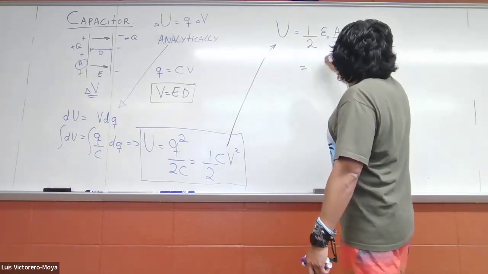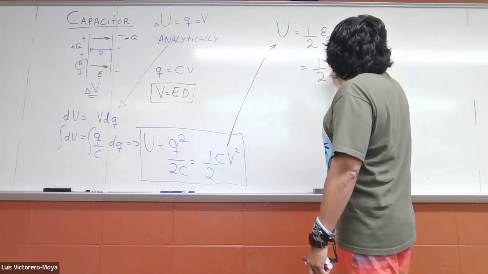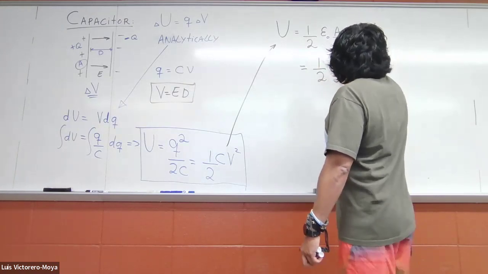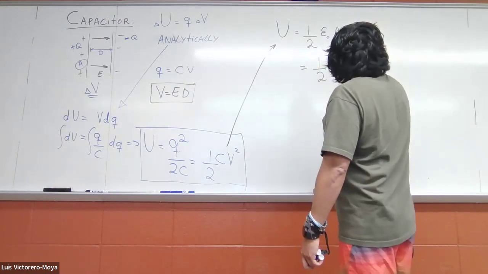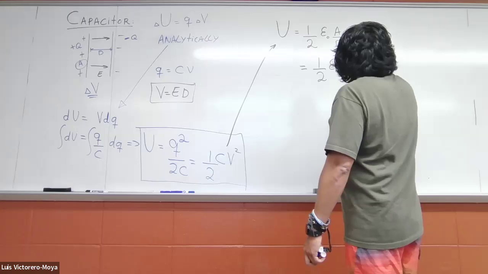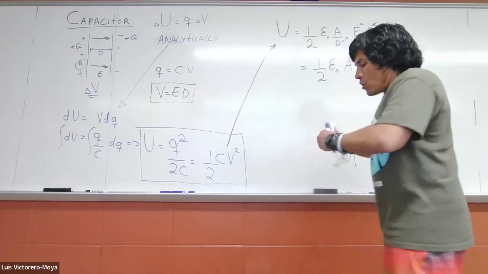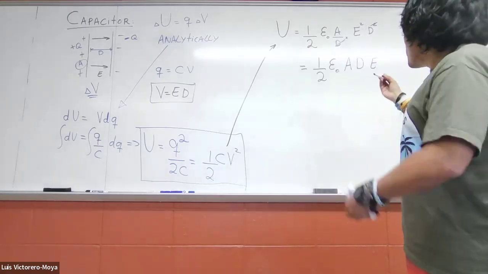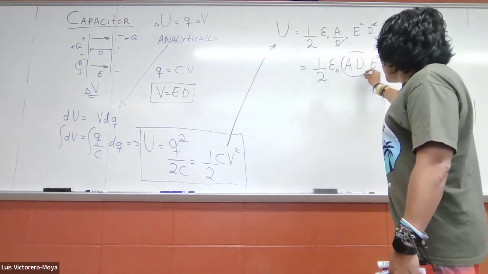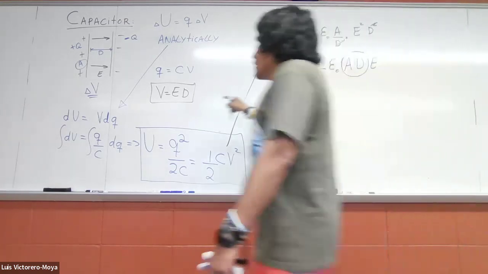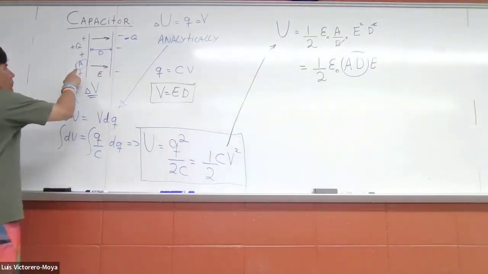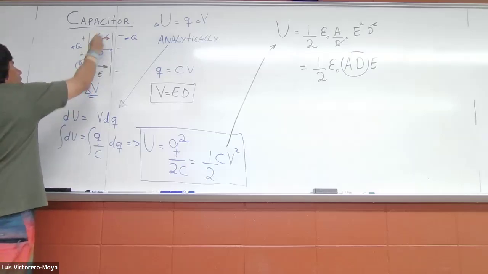What I will get here is 1/2 epsilon naught area distance E squared. So for the first time, we get an equation that multiplies the area times the distance.